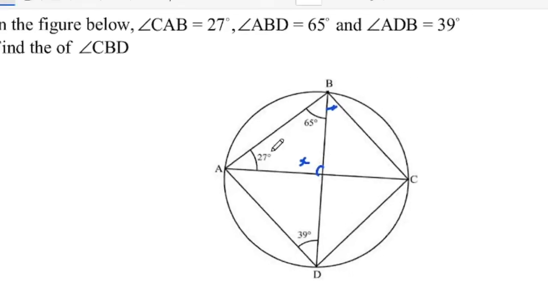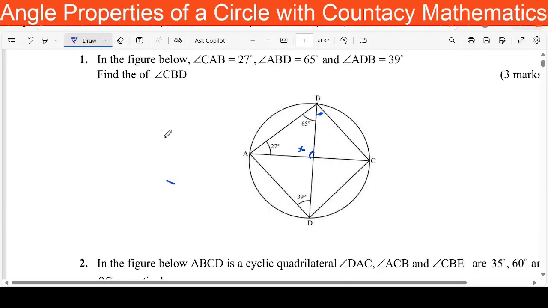So we can say that angle AXB added to 27, and then we add 65, is supposed to give us the total number of degrees in a triangle. And we well know that a triangle usually has 180 degrees.